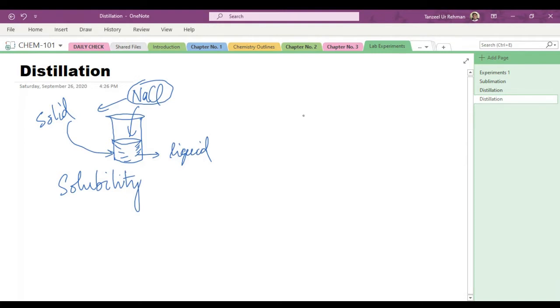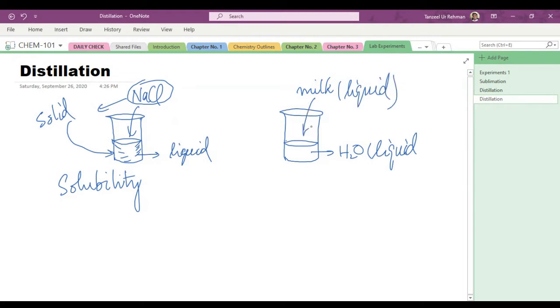Okay, if I have water in another beaker and I mix milk in water, so it is liquid, milk also liquid.